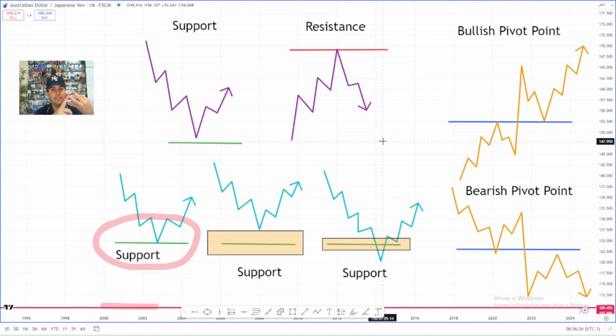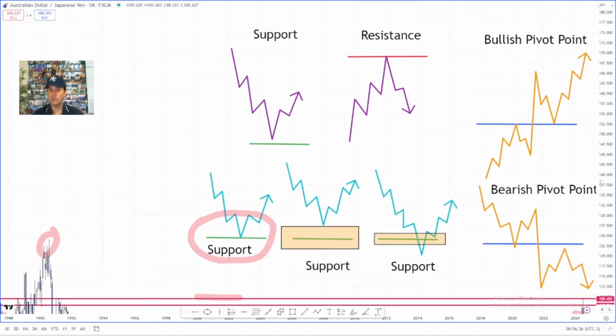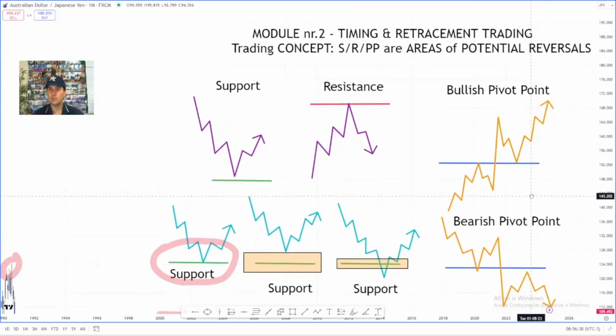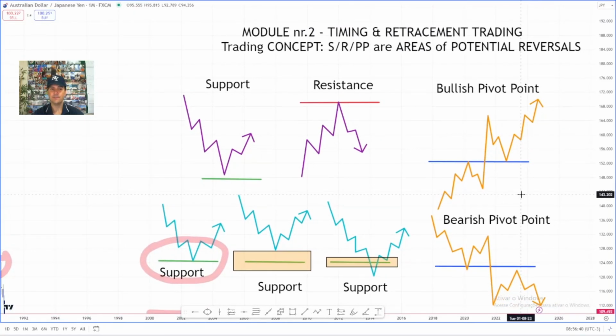Bear in mind, it's still a support level, a level of support, resistance, pivot points. Or it can break the line on the chart and react. If you want, take a screenshot of this with your cell phone. I'm going to sip a little bit of coffee.